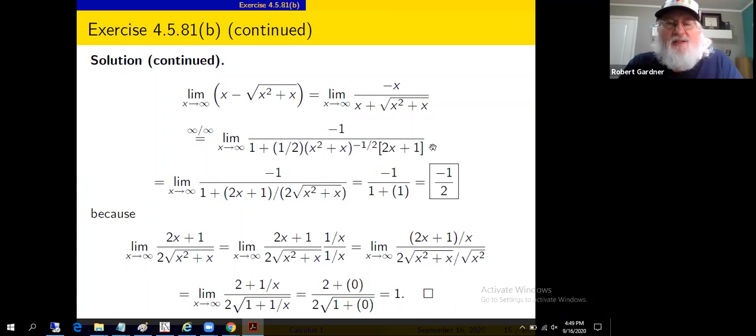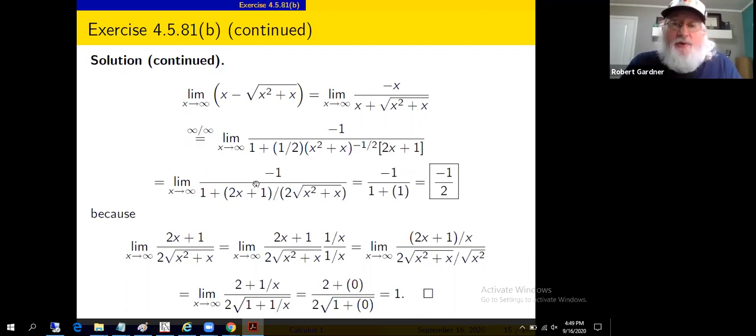And geez, let's clean that up a little bit. 2x plus 1, let's put that in a numerator. This x squared plus x to the negative 1/2, so let's move that to a little denominator here with a square root on it, and let the 2 go along with it. Algebraically, this becomes this.